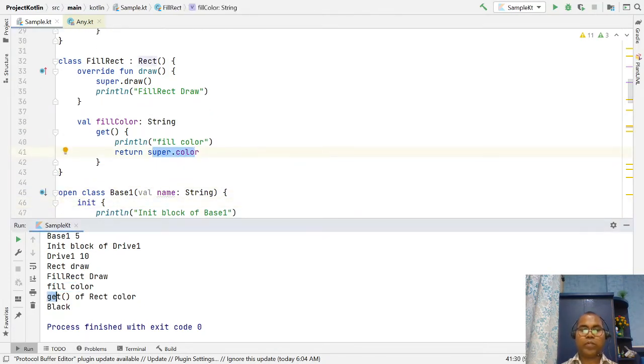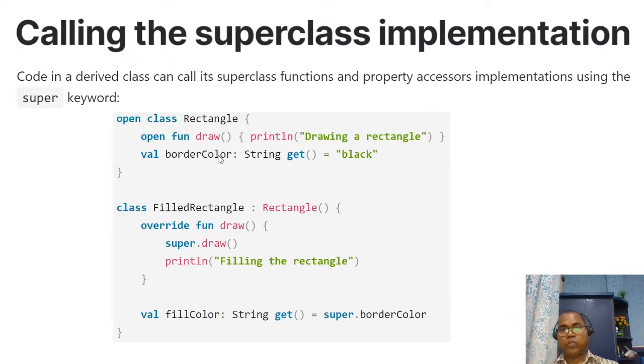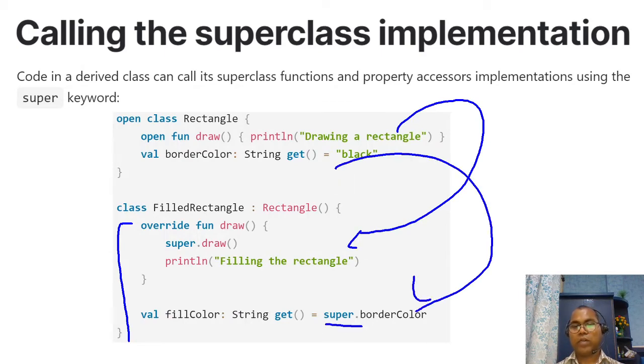So it just goes to the superclass rectangle class and returns black, the value initialized there. So in this way you can use the super keyword to invoke the superclass overridden method, or any superclass property defined. So we have the option to access the superclass implementation in the subclass. That means inside the subclass you can use the superclass draw function or any superclass property using the keyword super, super dot property or super dot particular methods.